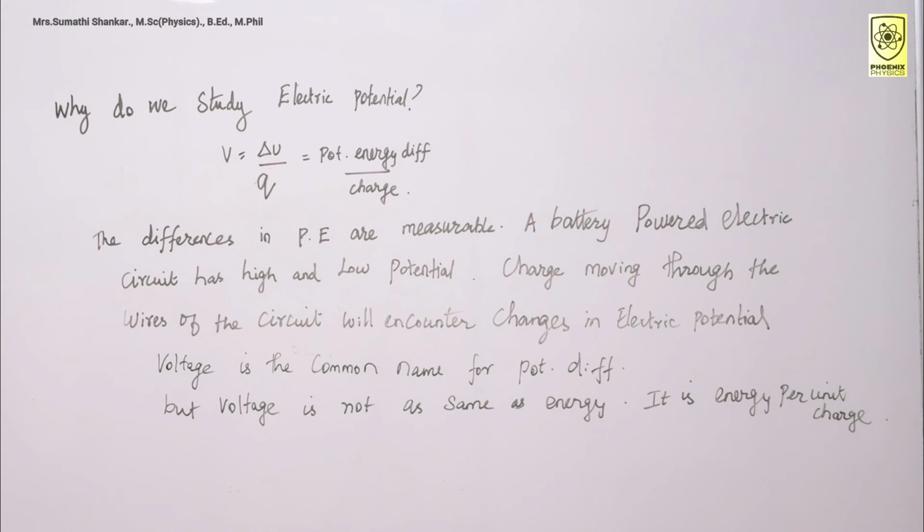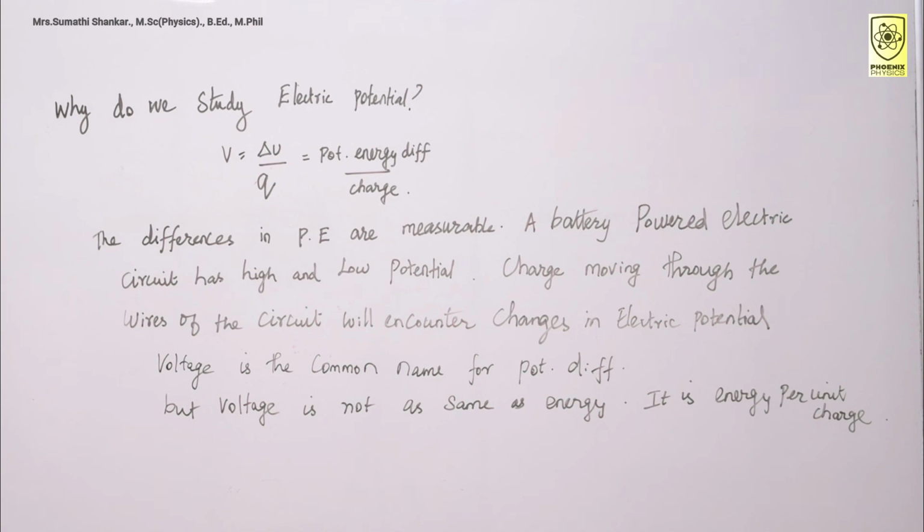Here, charge moving through the wires of the circuit will encounter changes in electric potential. Voltage is the common name for potential difference. You know that the practical unit for electric potential is volt.